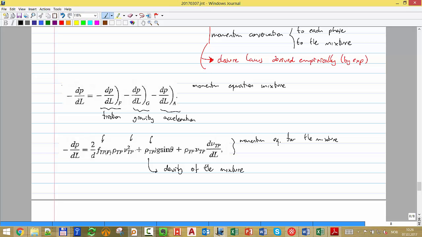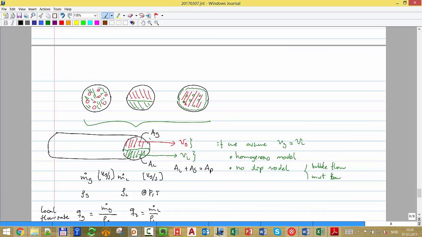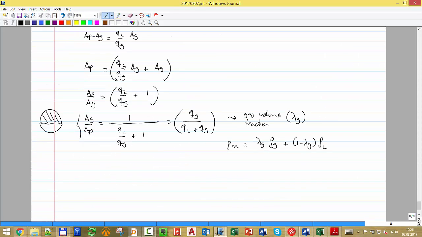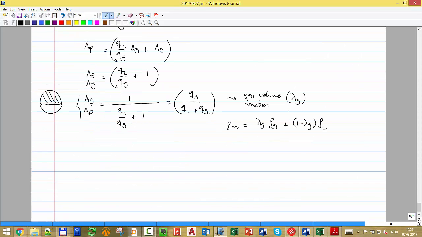I can calculate the velocity; both of them move at the same velocity, and I can evaluate using the homogeneous model. Is that clear?